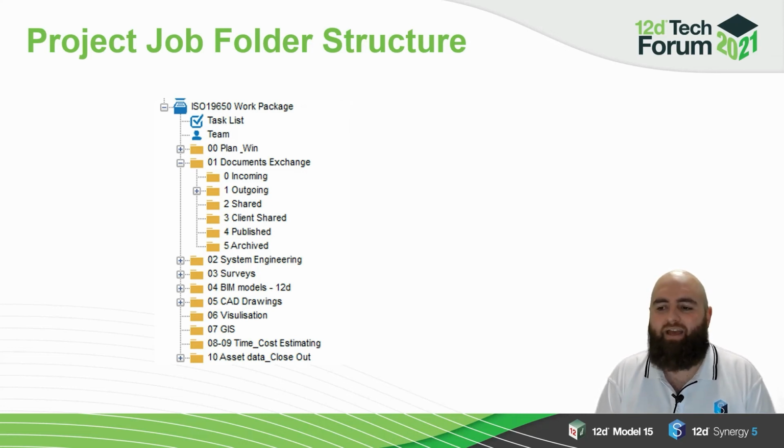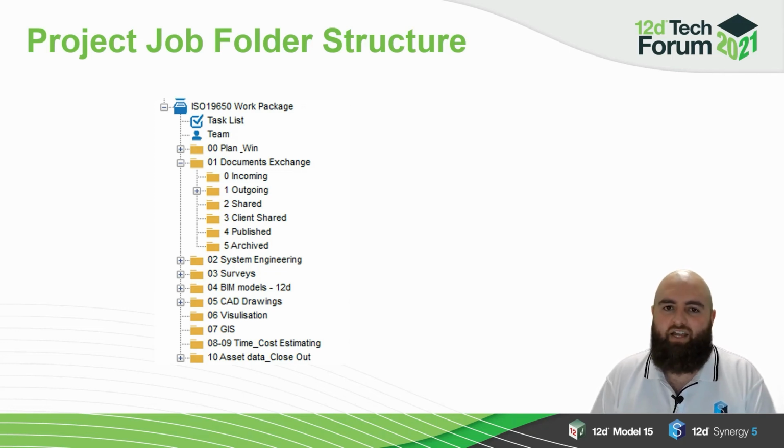An example we have here, shared and client shared. Two different shared state folders, because essentially in the practical rollout of 12D Synergy for this environment, you'd probably create permission pools for your client and collaborators and internal collaborators, so that your internal collaborators can just go to the shared state.